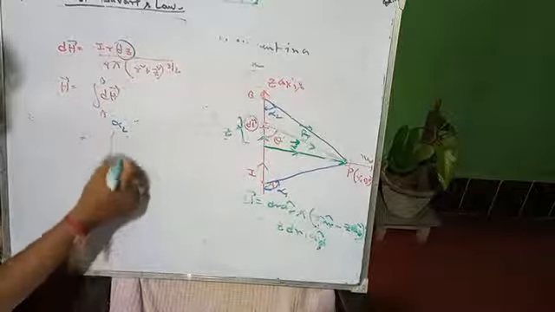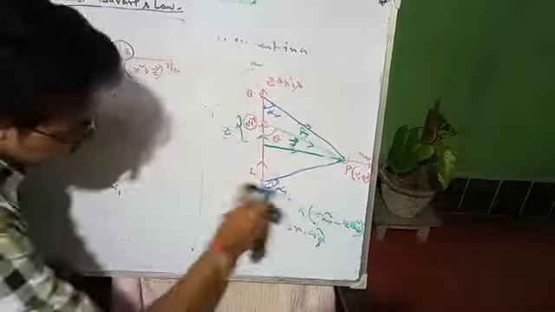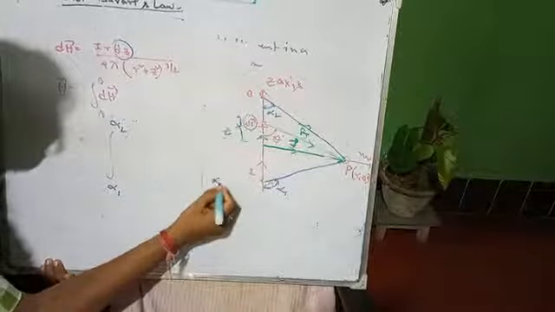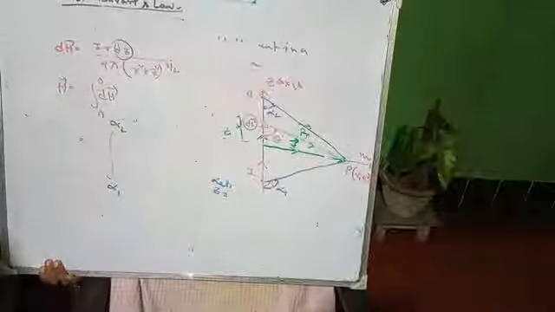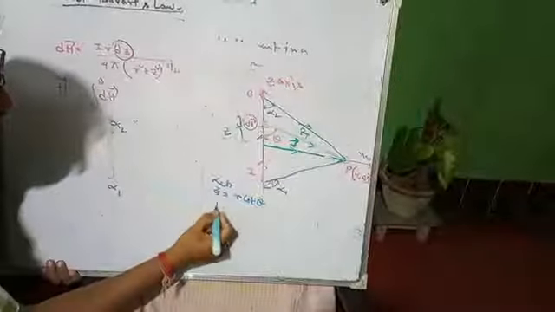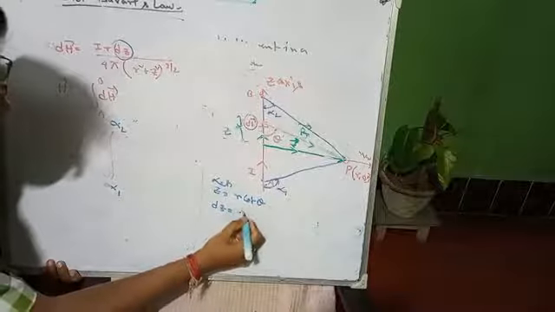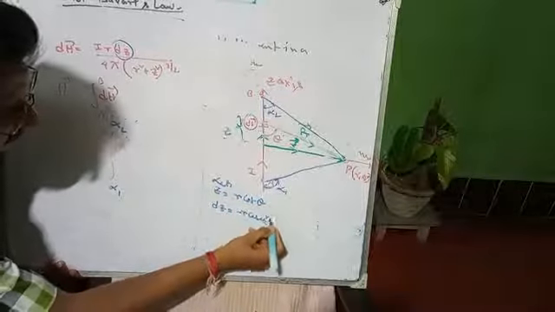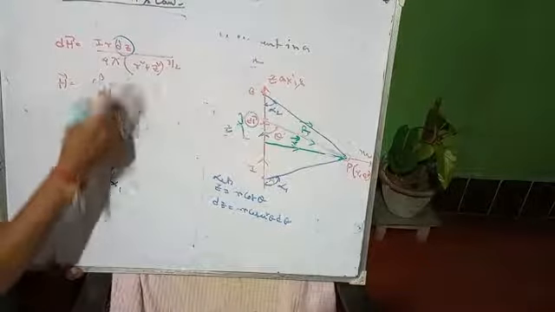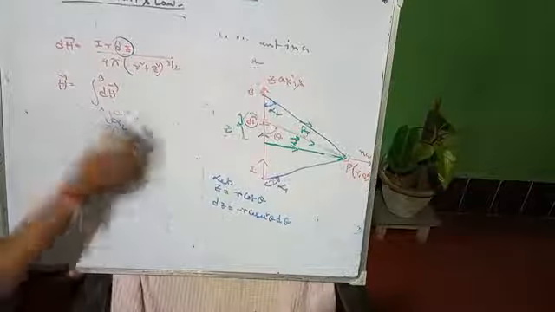Before putting the integral, write let z equals r cot theta. So what is dz? Minus r cosec square theta d theta. By this way you can easily change dz to d theta.